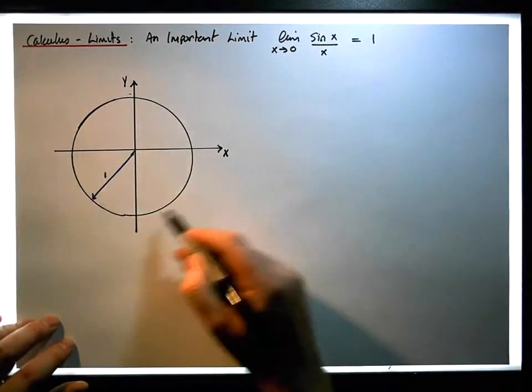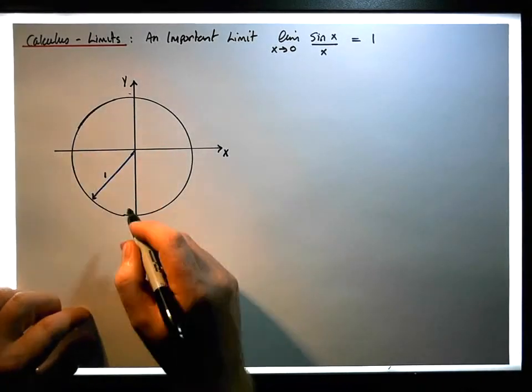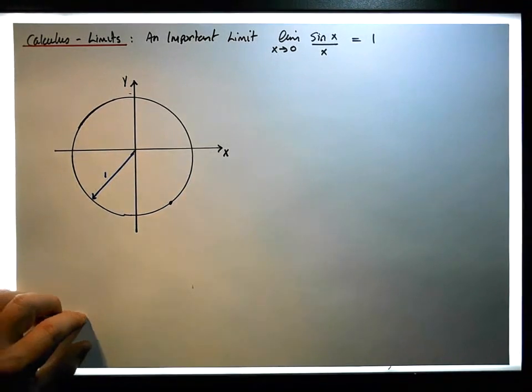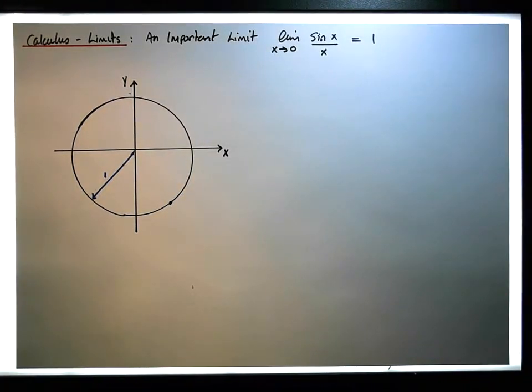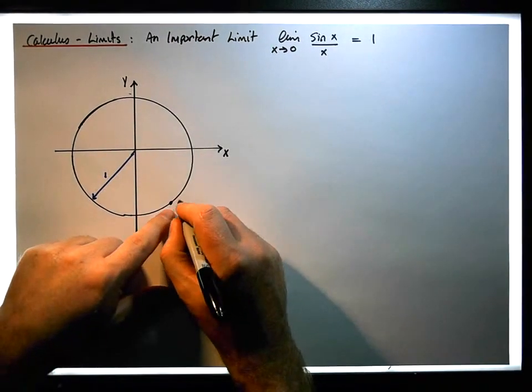So here's a unit circle. Its radius is 1 unit. Just keep in mind that any point on the circle can be defined in terms of sines and cosines, depending on the angle that it makes.